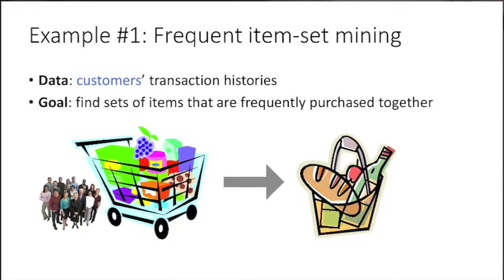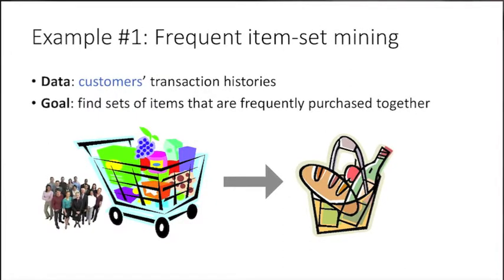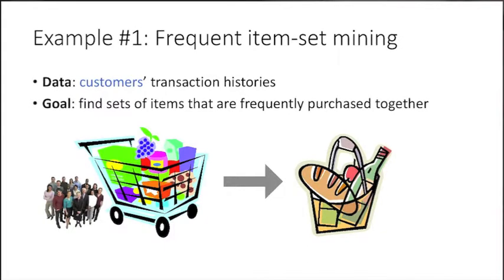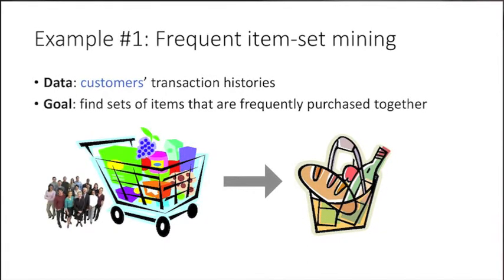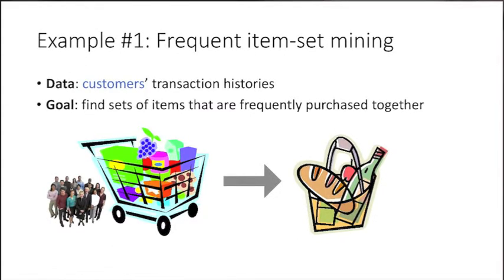You see that people seem to buy certain kinds of items together, and you'd like to find out which pairs or groups of items are most frequently bought together. This is a well-studied problem in data mining called the frequent itemset mining problem. But this is again based on individuals' purchasing histories, and you try to look at all of this data to figure out what are interesting items that people buy together.